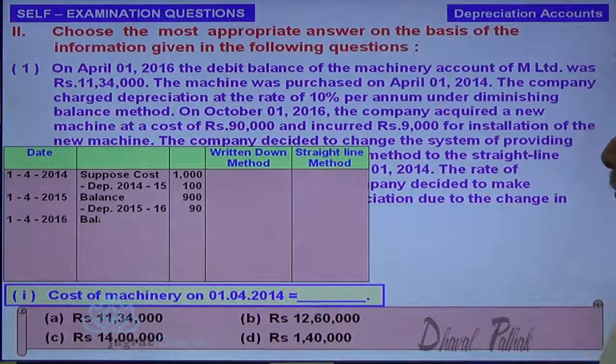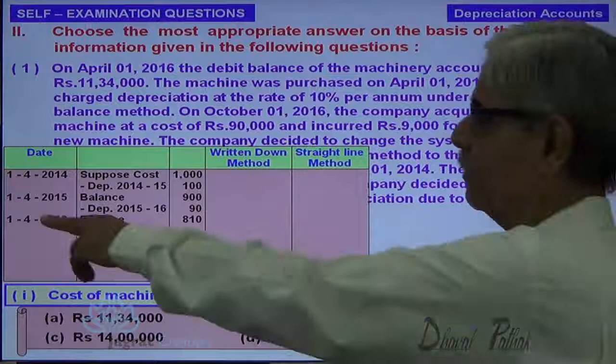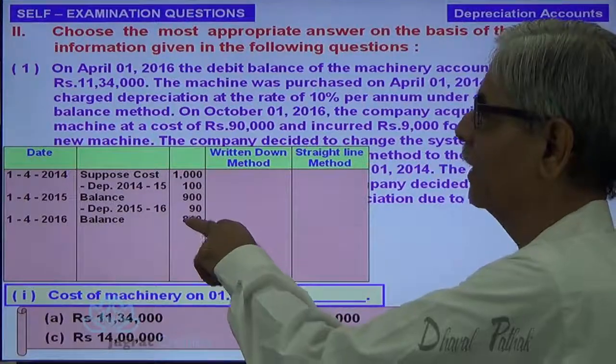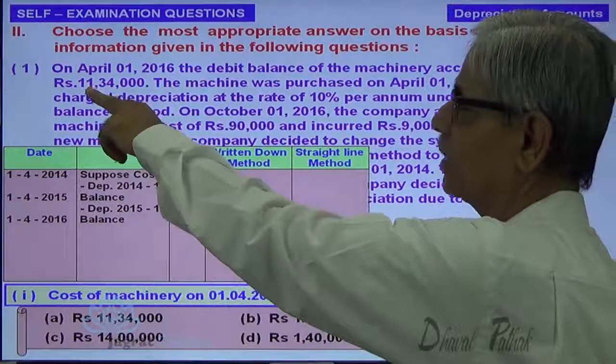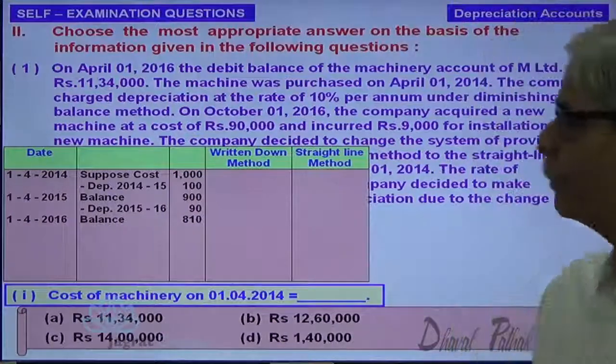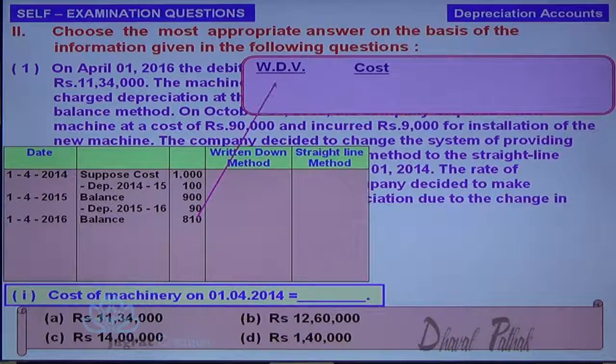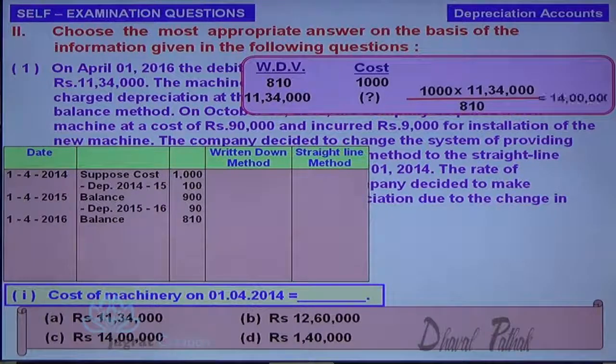So the balance as on 1/4/2016 will be 81, and on 1st of April 2016 the balance is 11,34,000. On the basis of that, the written down value is 81 when the cost is 100. So you can work out the cost for 11,34,000 on this basis, which is 14 lakhs. So 14 lakhs is the answer.